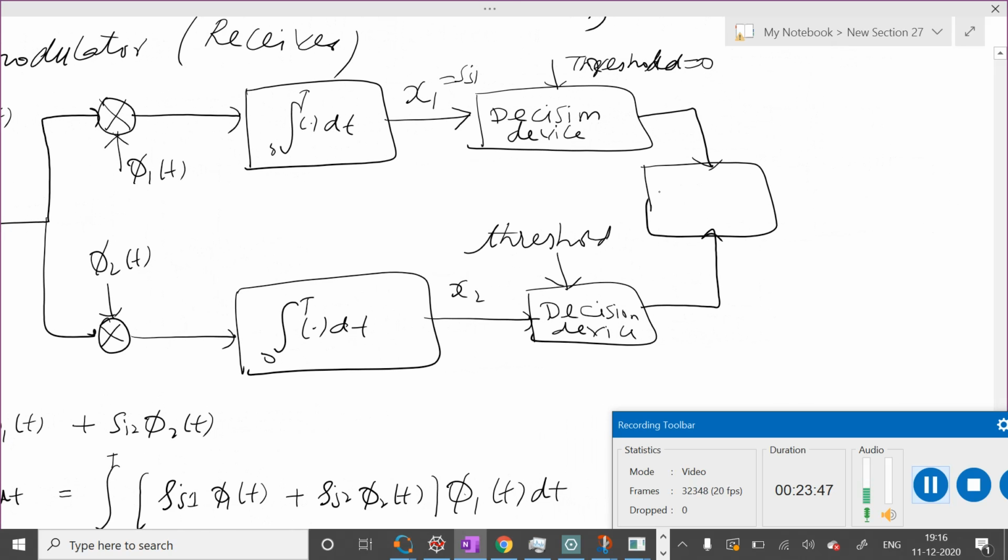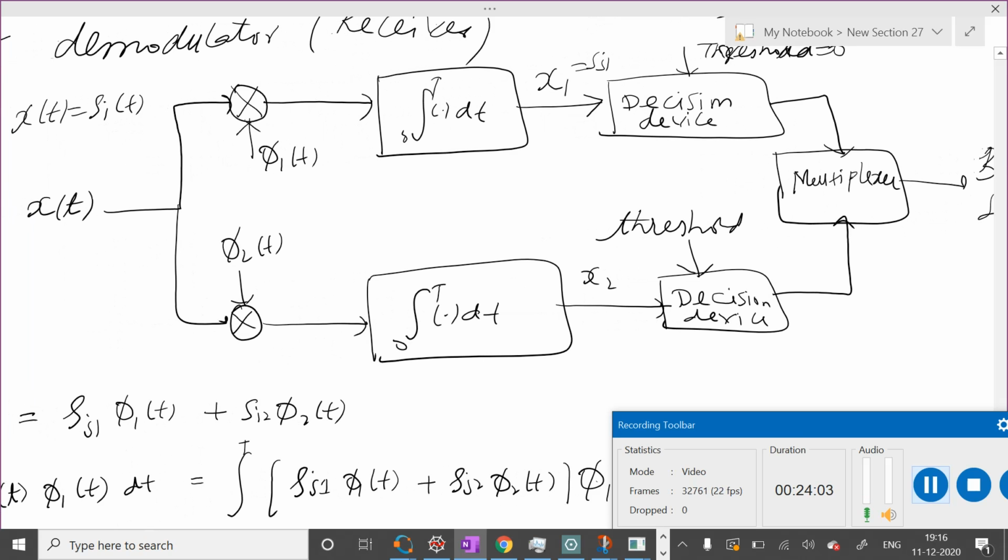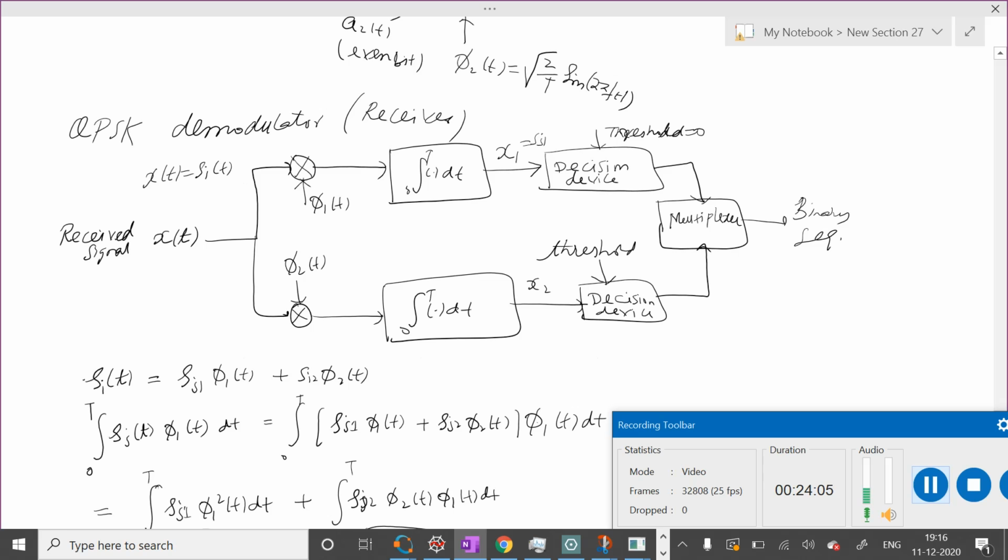So I need a multiplexer, and then here we have the binary sequence which was transmitted. So this is the QPSK modulator and demodulator design.